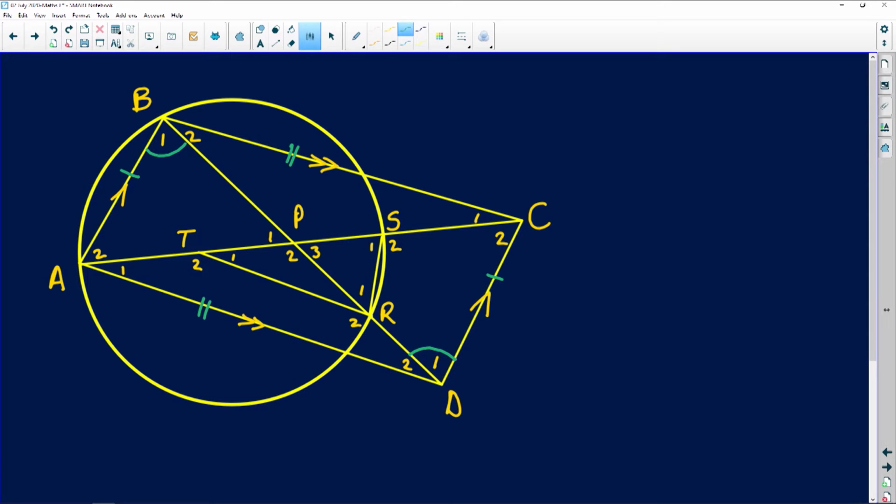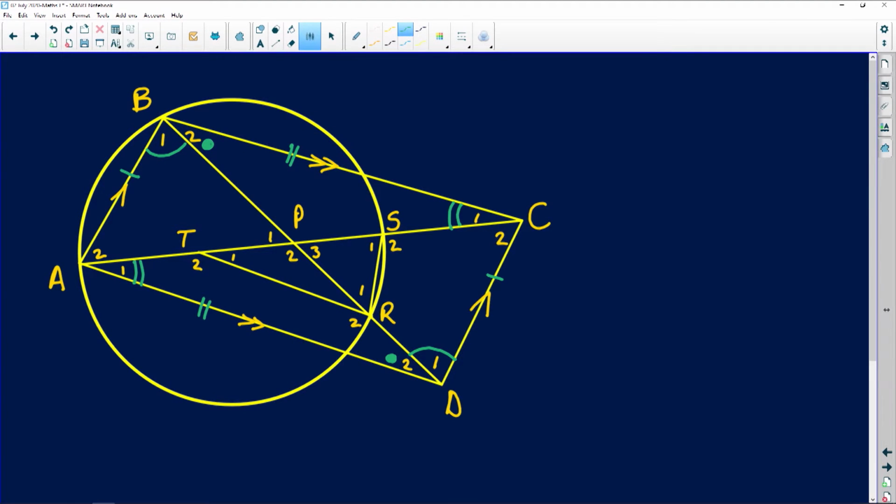Now the same for B2. B2, I'm going to just use a little circle. B2 is alternately equal to D2. C1, which I'm going to use a two-liner for, is equal to A1. If you run out of symbols, by the way, folks, just go and get yourself a set of colored pens.